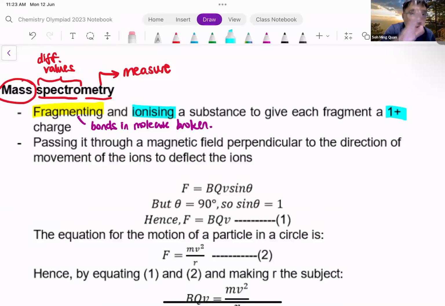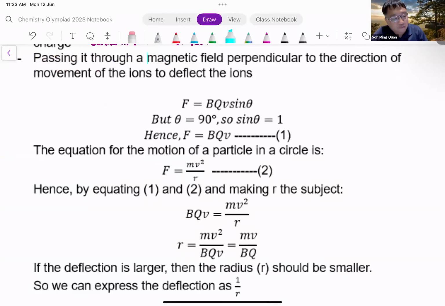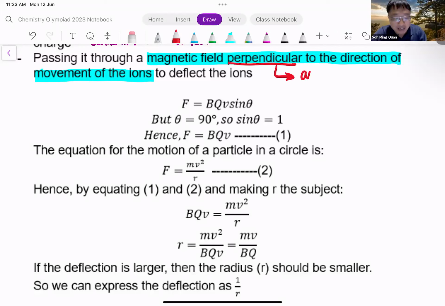The wire moves because there's current flowing through it. Similarly, the ions are moving, and ions moving is like current. So charged particles moving in a magnetic field are deflected. Please bear with me as I go through the math. The magnetic field is perpendicular to the direction of movement of the ions. Perpendicular is the keyword. Perpendicular means the angle is 90.